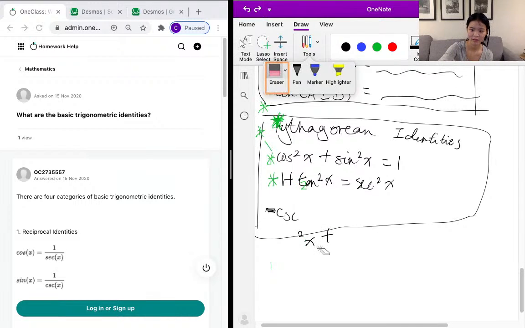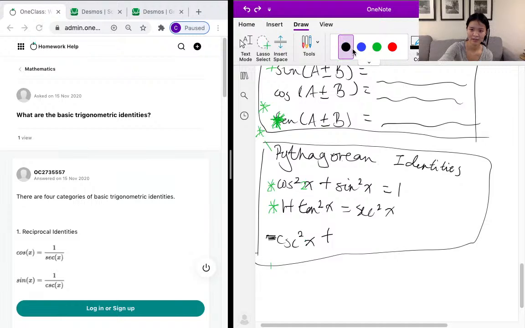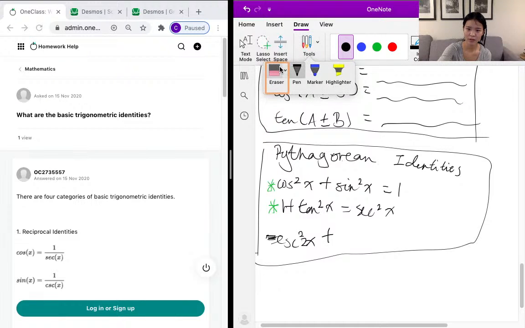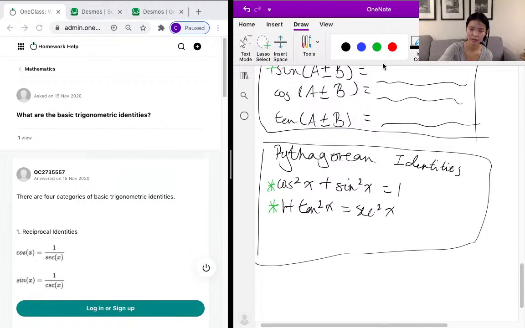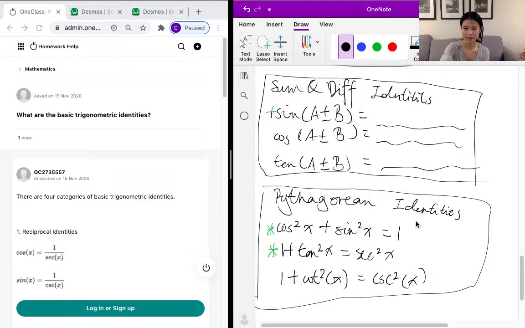I'm just going to write it in another way: 1 plus cotangent of x squared equals cosecant of x squared. That's our third one of the Pythagorean identities.